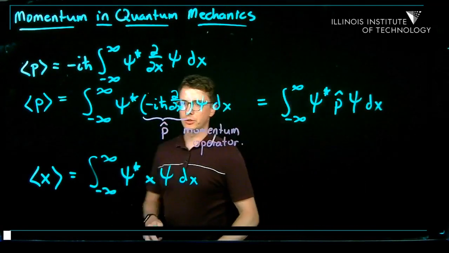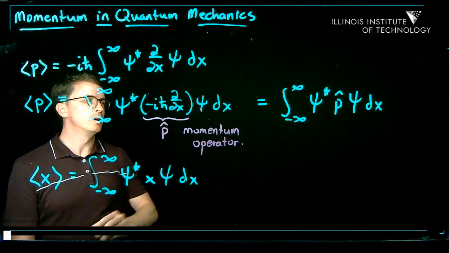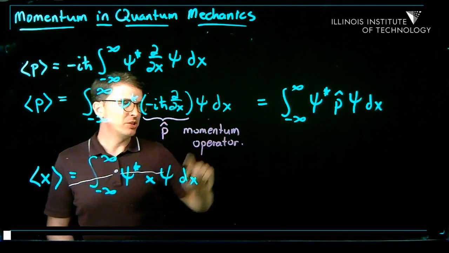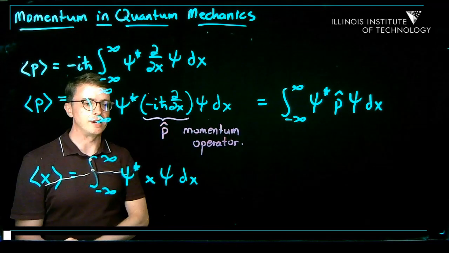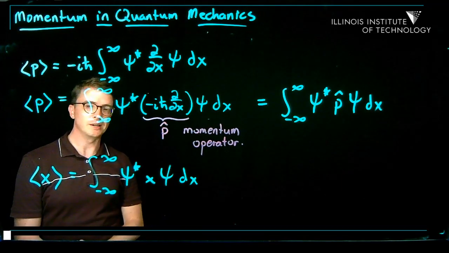This is going to be a general rule. If I want to average something, in between psi star and psi, I put this thing which is called the operator, which corresponds to the thing I'm trying to average. So for x, the thing that goes in between is just straight up x.